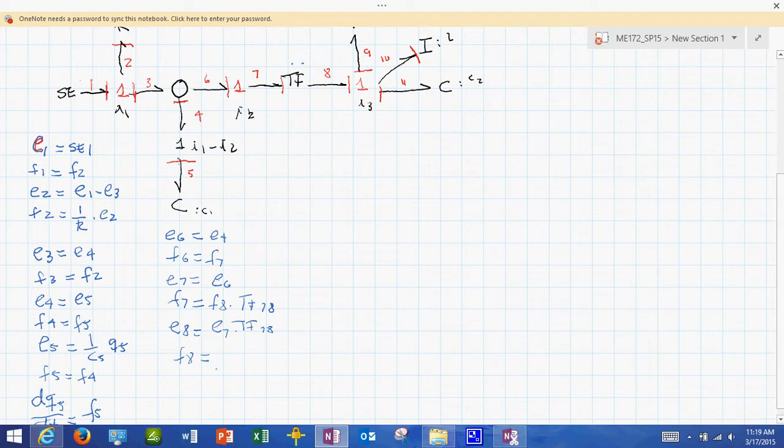F sub 8 is equal to F sub 10. And E sub 8 is E7 times TF 7,8.